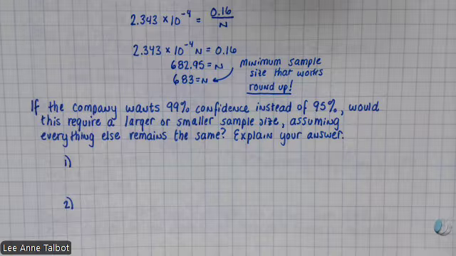Okay, so this is a common sense question. And I have two ways to explain it, one for my common sense stats people, one for my math people. The question: if the company wants 99% confidence instead of 95% confidence, will this require a larger or smaller sample size, assuming everything else remains the same? Explain your answer. Okay, so you want to be more confident. This is almost a dumb question. If you want to be more confident, should you ask more people or fewer people? More people, right?